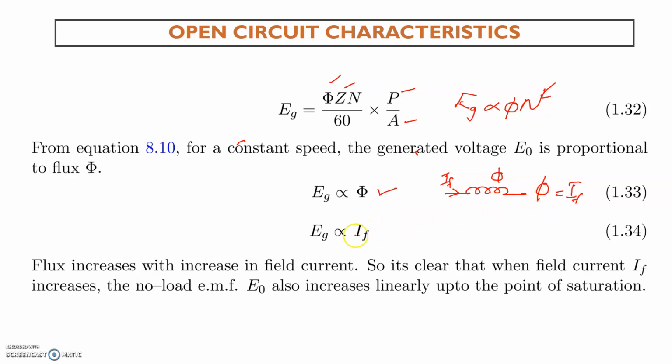So we can write Eg is proportional to IF. That means for a particular generator, if we keep the speed constant, then the generated voltage will be proportional to the field current. From this, we know that Y proportional to X is the equation of a straight line. So here Eg proportional to IF means the curve will be a straight line.